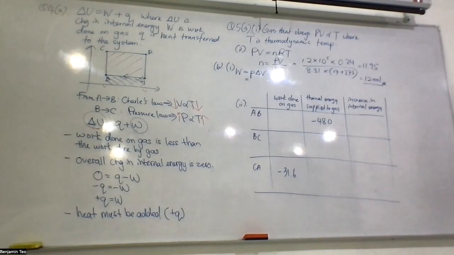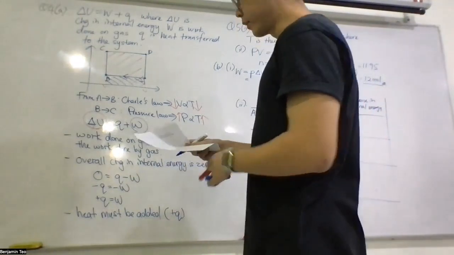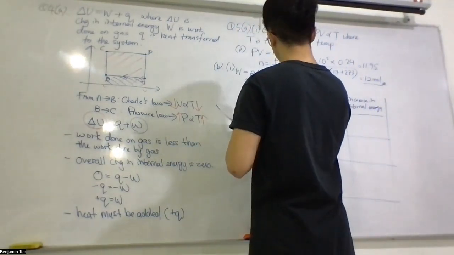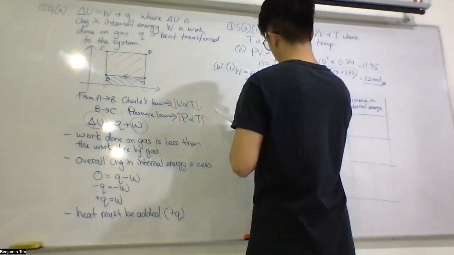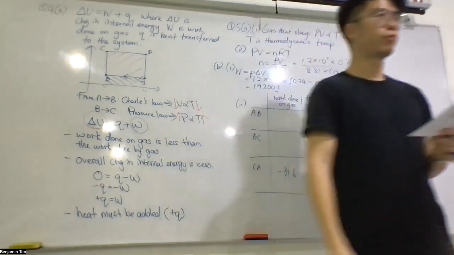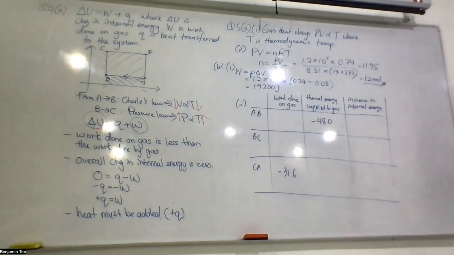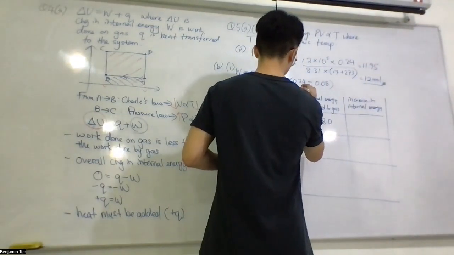So you get the area under the line AB. 19.2 kilojoule.